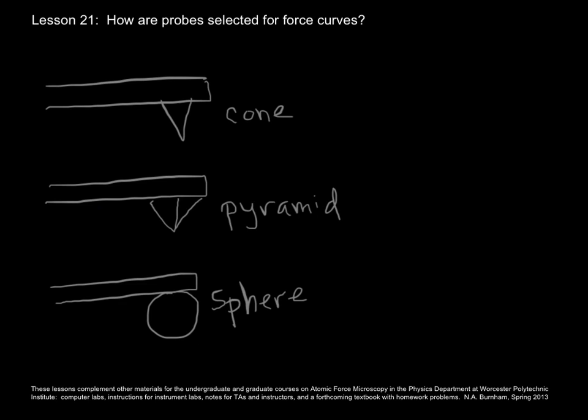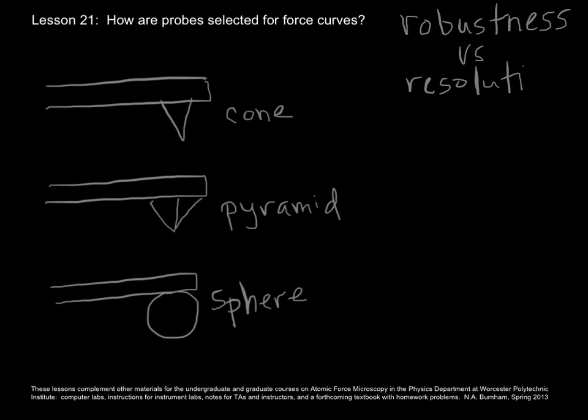Here's a sketch from lesson 17 where I showed you the three basic shapes of tips: the cone, the pyramid, and the sphere. I'd like to add that as far as force curves are concerned, well, in general actually, your dilemma is now a choice between robustness and resolution.